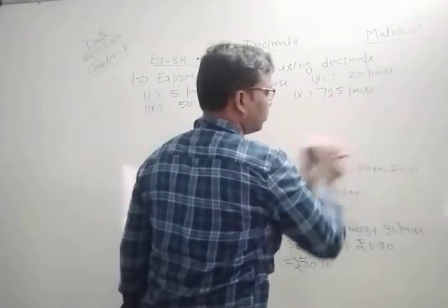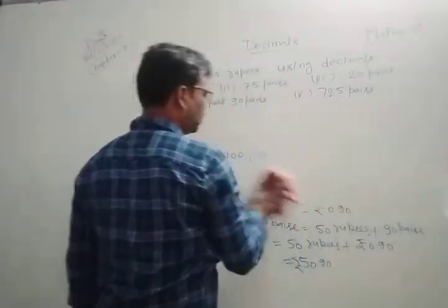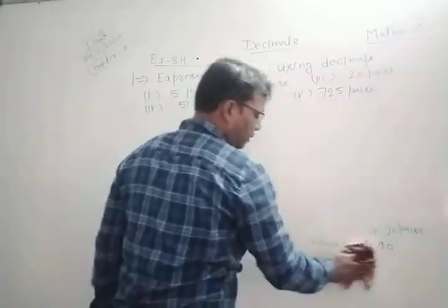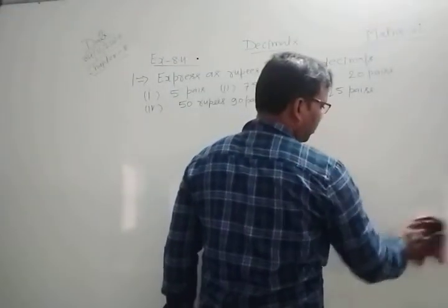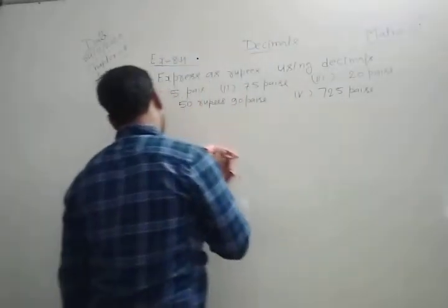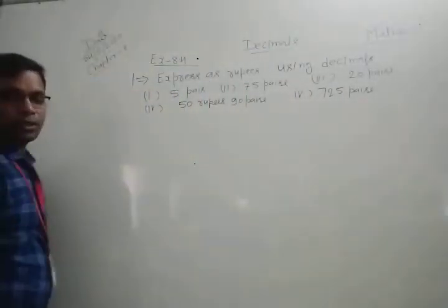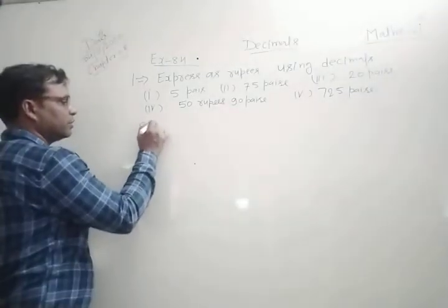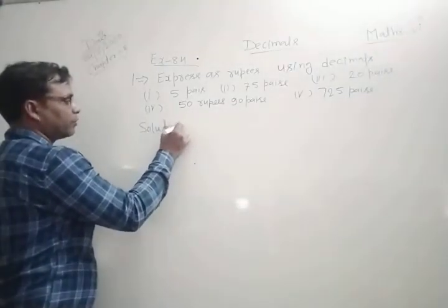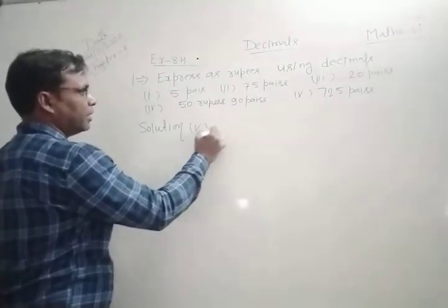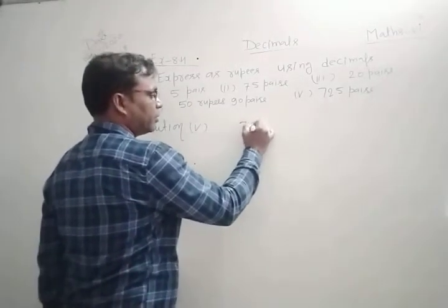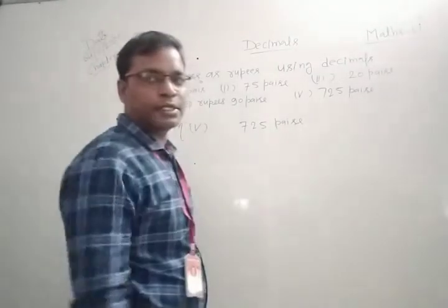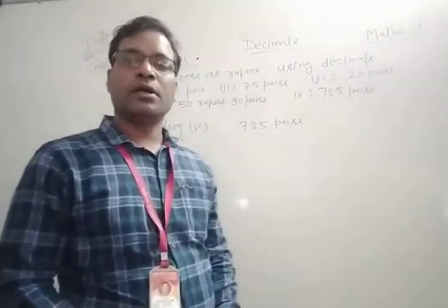Now, as you know that 1 rupee is equal to 100 paise. If you divide by 100 in this amount, then you obtain the rupees. Okay, and now in this question we need to convert this given amount, 725 paise, into rupees.